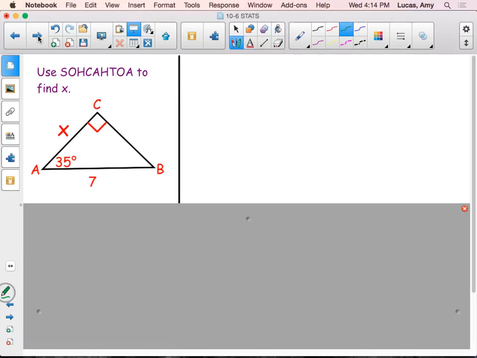My next problem, my reference angle has moved. So SOHCAHTOA. Okay. Reference angle is over here, 35 degrees. The hypotenuse on this problem is the 7. It's across from the right angle.